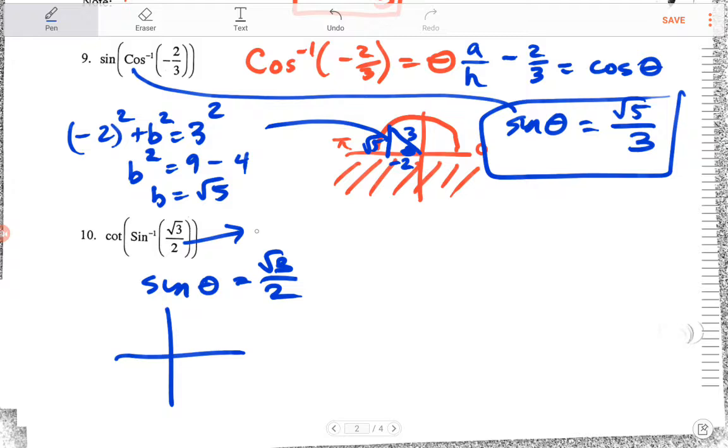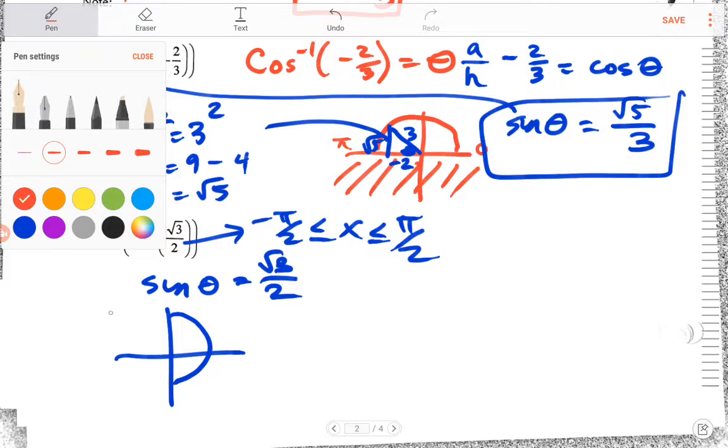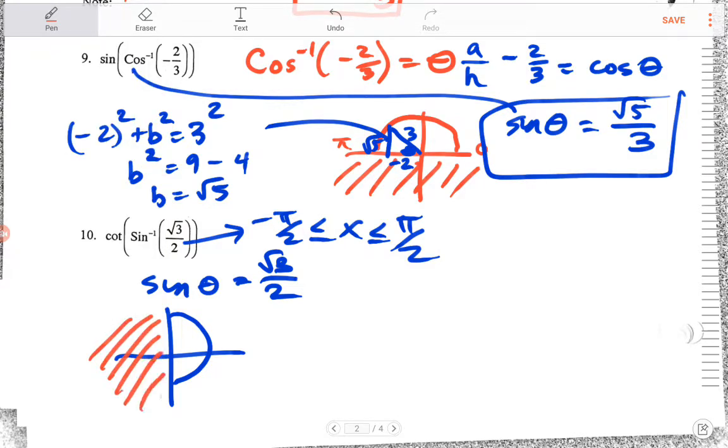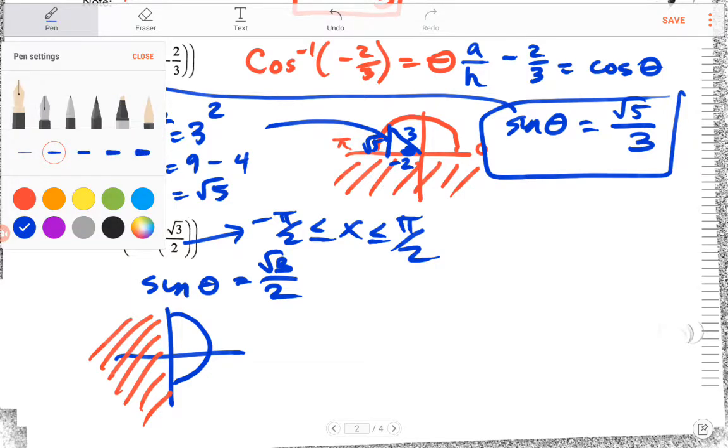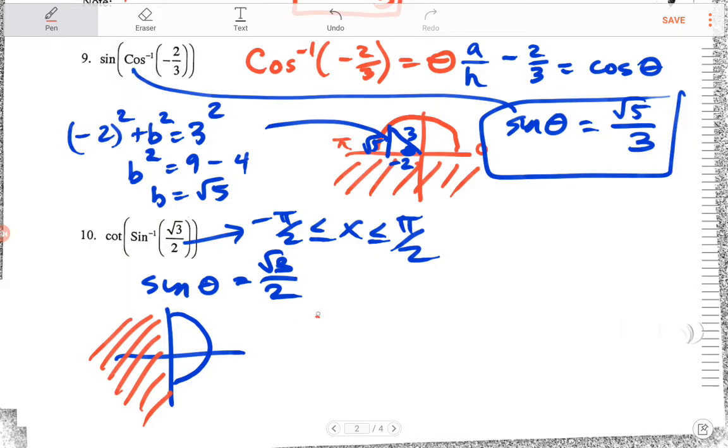We know that for inverse sine, that's contained within negative pi over 2 to pi over 2. So the only area we can have would be quadrant 1 and quadrant 4. We should restrict our domain again, cross all that out like that. Now because we know that sine is positive, in quadrants 1 and 4, that's only going to occur in quadrant 1.